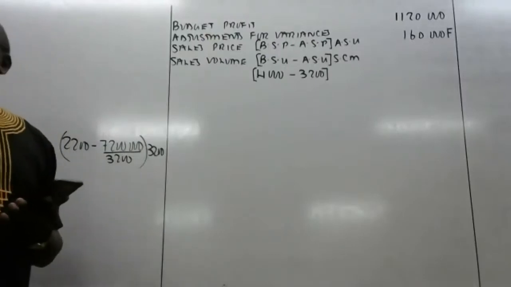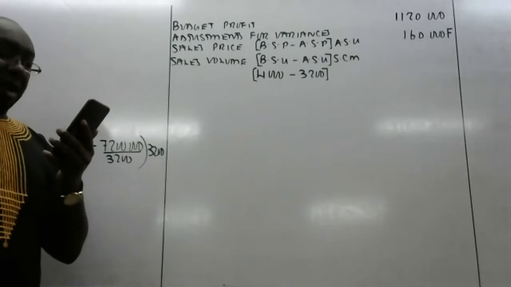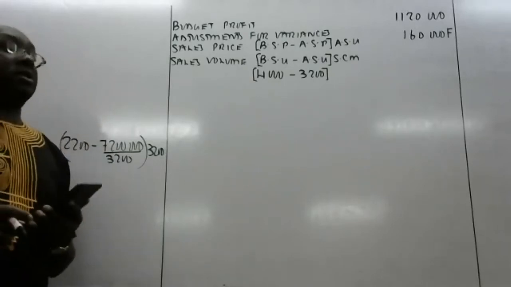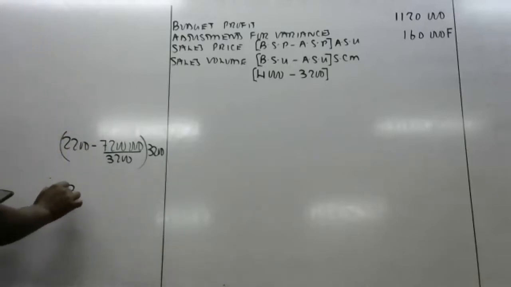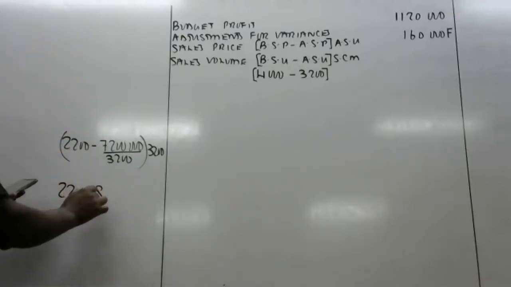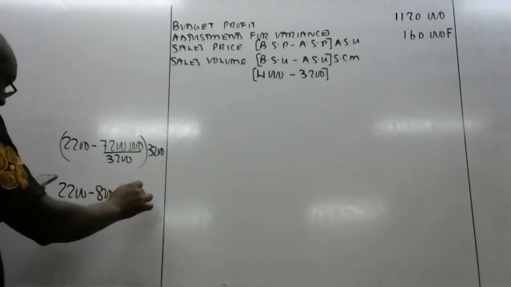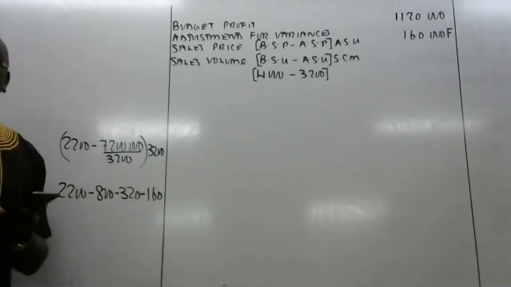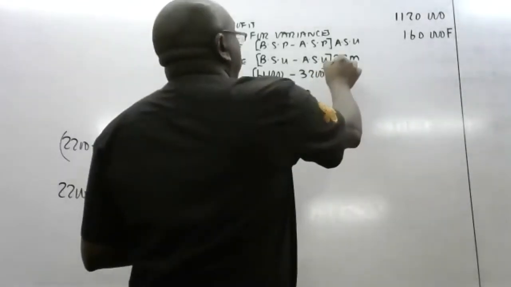How much did you get? I was saying 2,200, you minus 800, you minus 320, you minus 160. Those are the three variable costs. It is 920. That's the contribution margin.